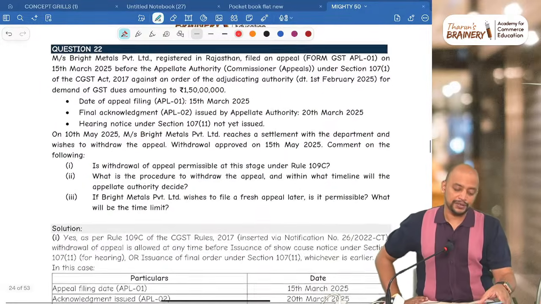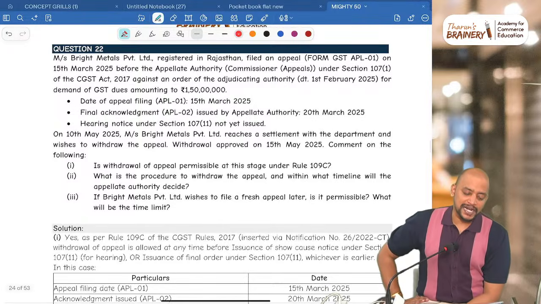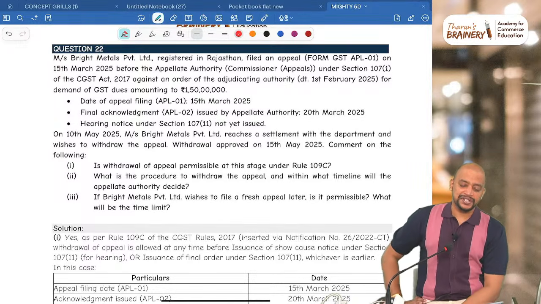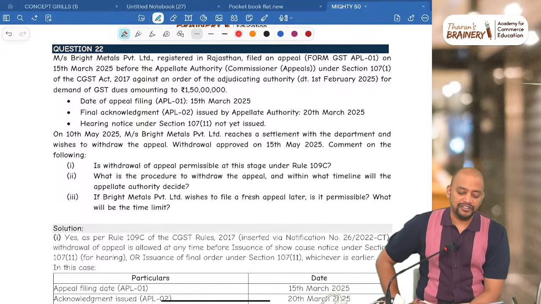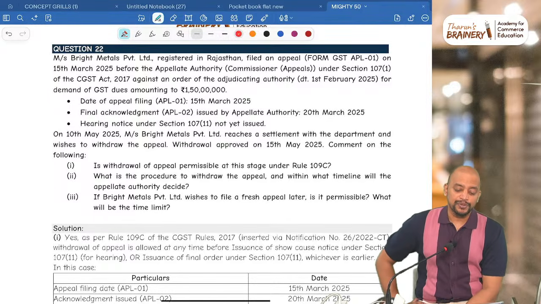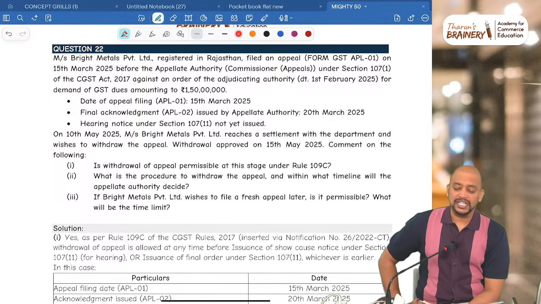Then question number 22. Messrs. Bright Metals Private Limited, registered in Rajasthan, filed an appeal APL 1 on 15 March 2025 before the appellate authority, that is first appeal, Commissioner Appeals of CGST Act against the order of the adjudicating authority dated 1st February 2025. Order date is 1st February for demand of GST dues amounting to 1 crore 50 lakhs.